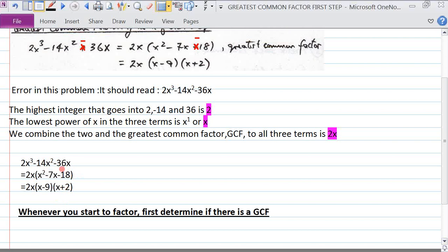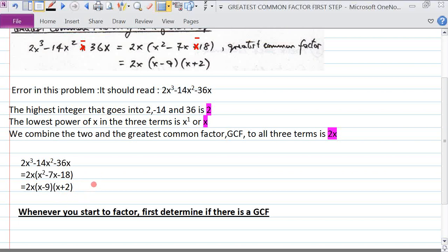You'll see that if I had, for example, used 18 and 1, there's no way that I could get minus 7x. Or if I use 6 and 3, there's no way I can add them to give me minus 7x.